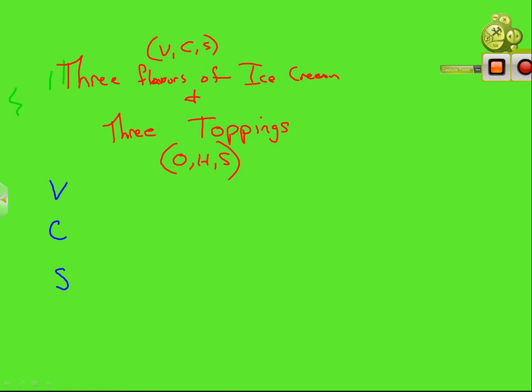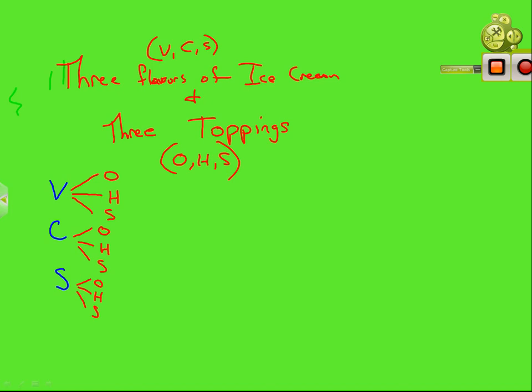Each topping could go on each flavor. So for vanilla, we would have what? Oreo, Heath, and Skittles. We're saying you have to have a topping here. So your other ones would be the same options for chocolate and strawberry.